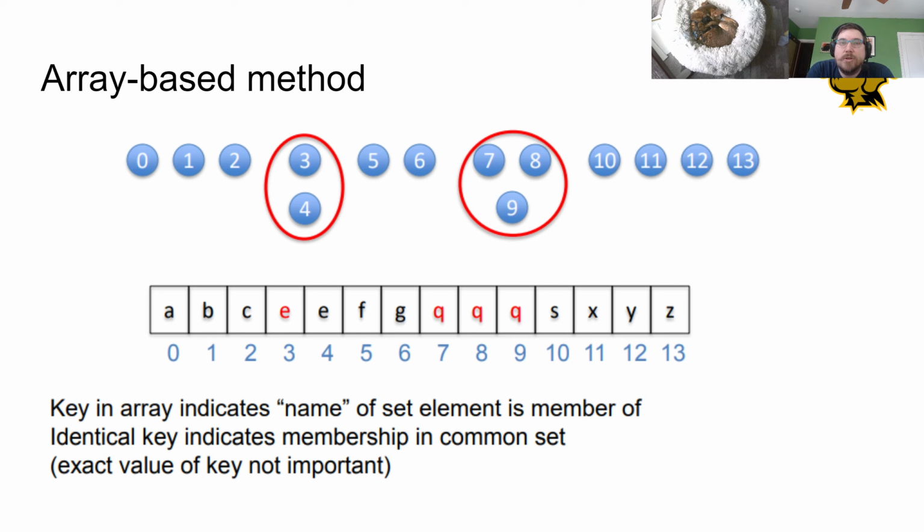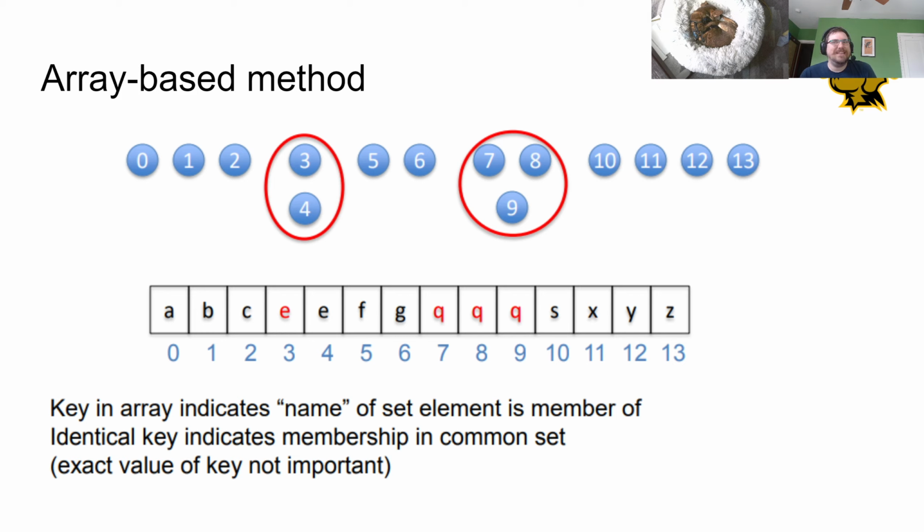What if I told you to union sets, or teams, E and Q? How would you go about that for this one? Well, we have to find all the members of E and Q. How do we do that efficiently? Well, we have to scan the whole array.